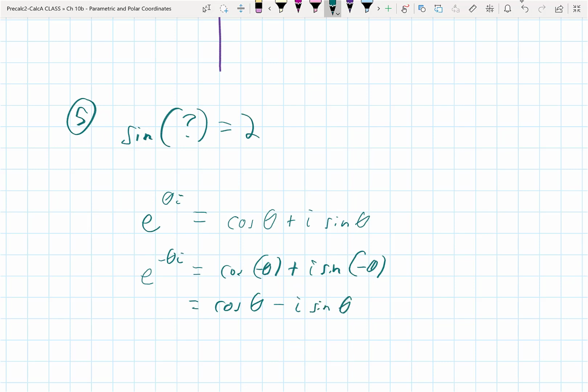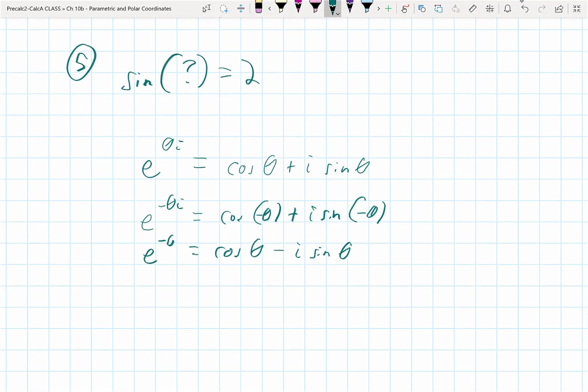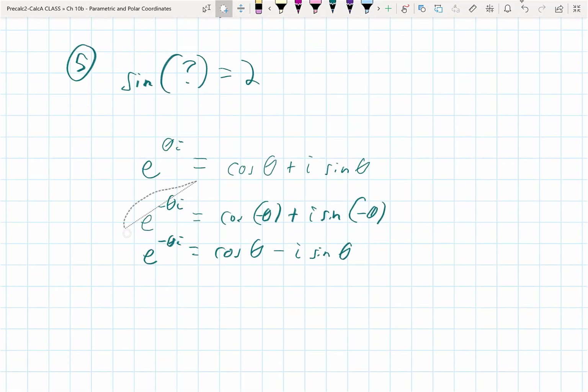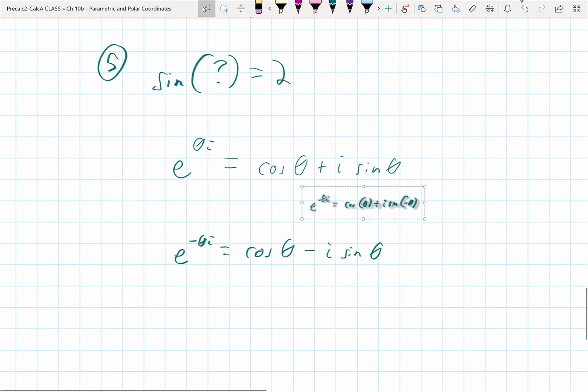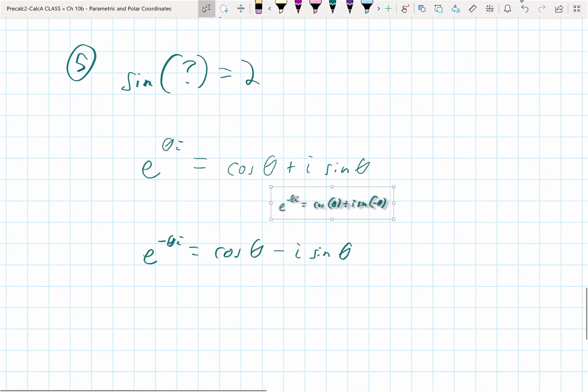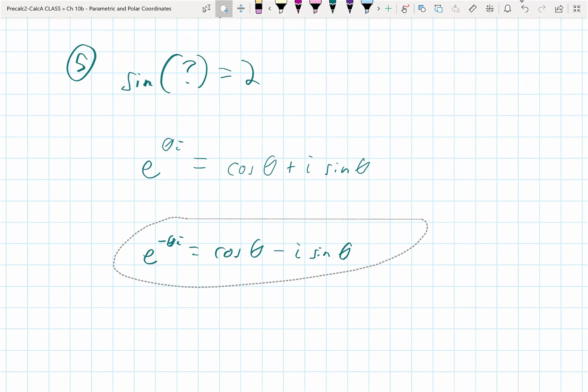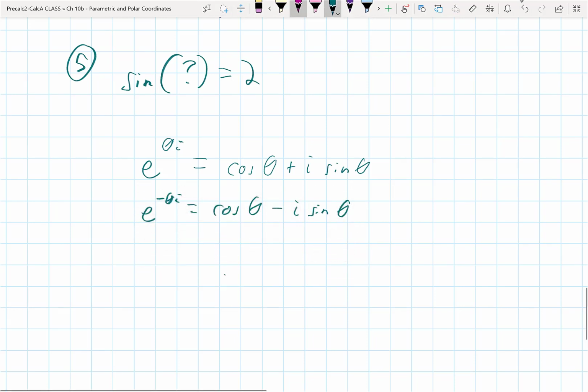So this is e to the negative theta i, I'm going to move this out of the way, and I'll just delete it because it's on a video. You can see it existed. And we're going to move this up. And I'm going to subtract: minus, minus, plus.